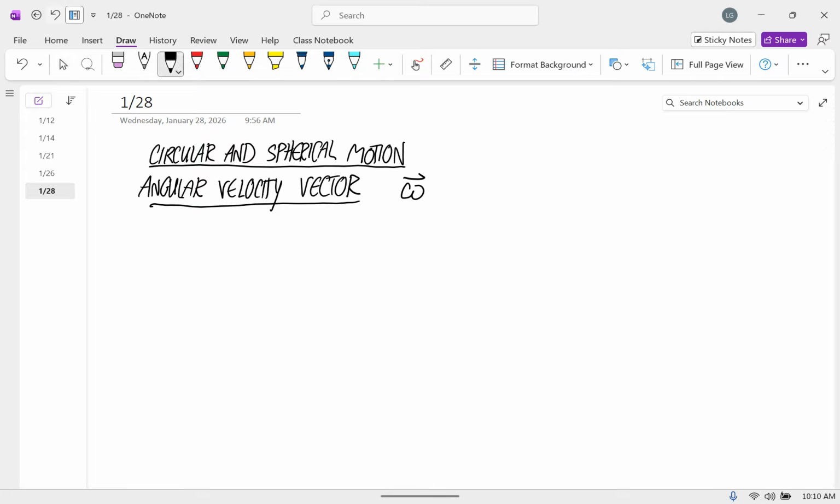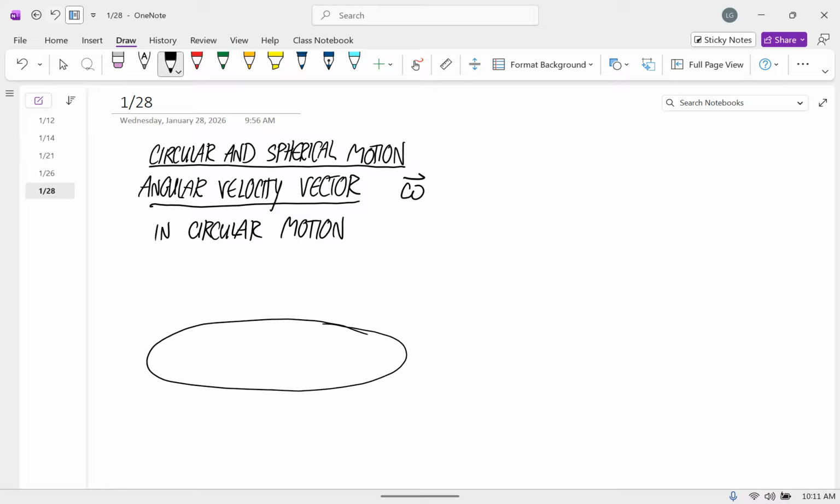First, we're going to talk about it for circular motion, and then we're going to talk about how that relates to spherical motion. In circular motion, imagine that we have a circular motion like this going around a center here.